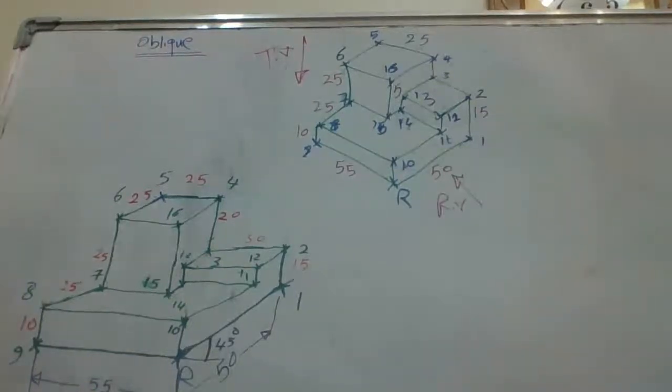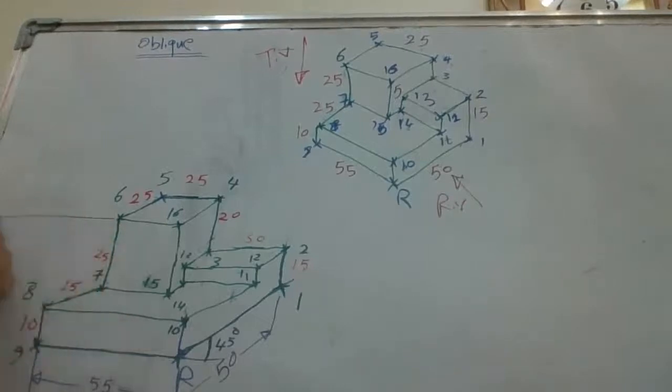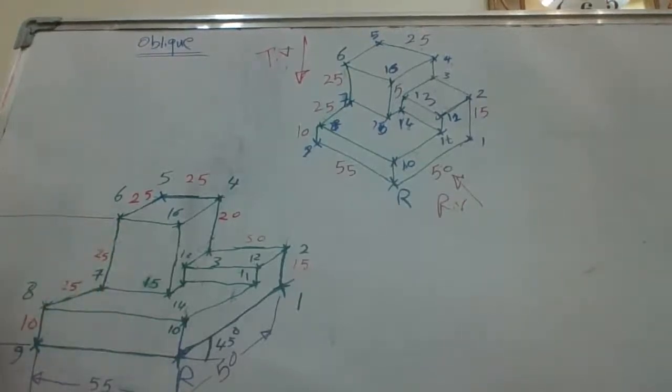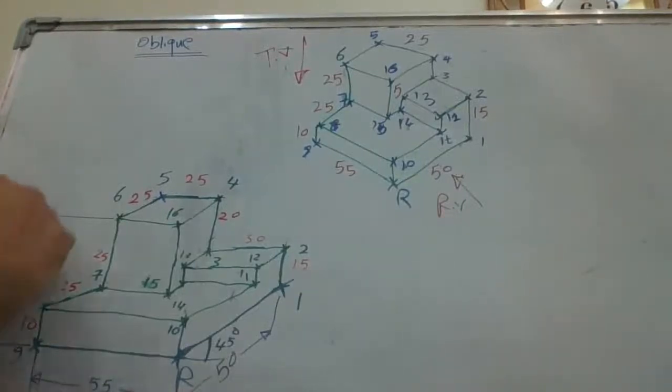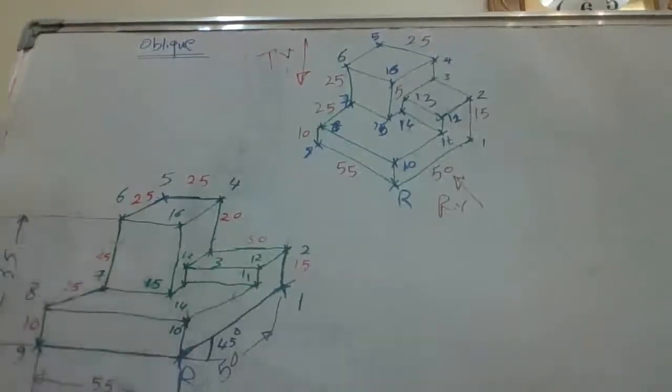And the total height we have to mention here. This is the right way to draw the dimension. The total height here, 10 plus 25, 35. Okay.